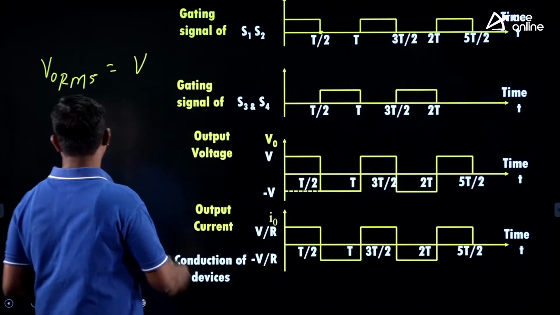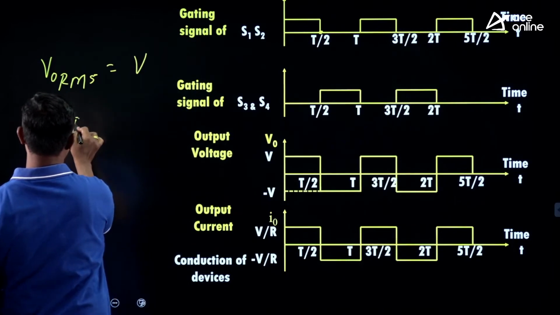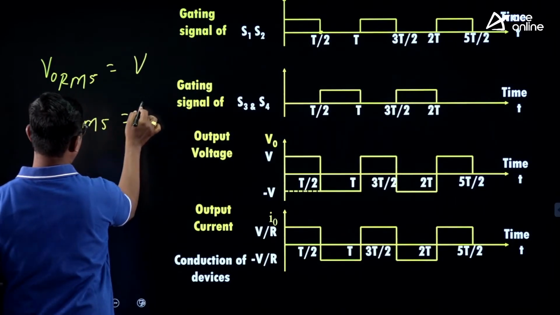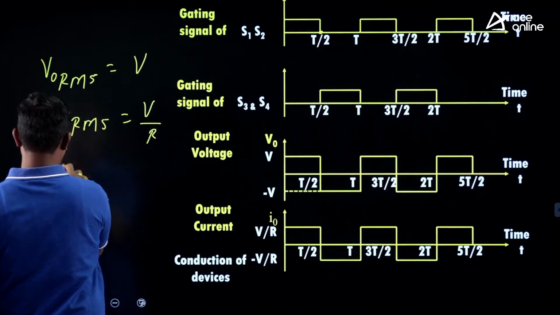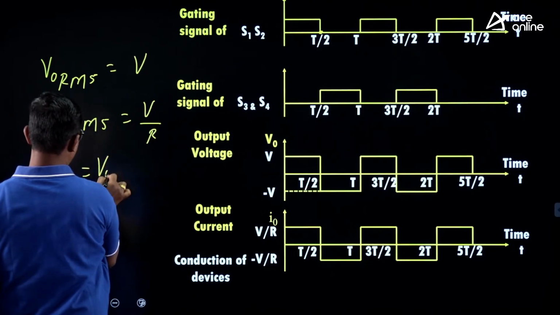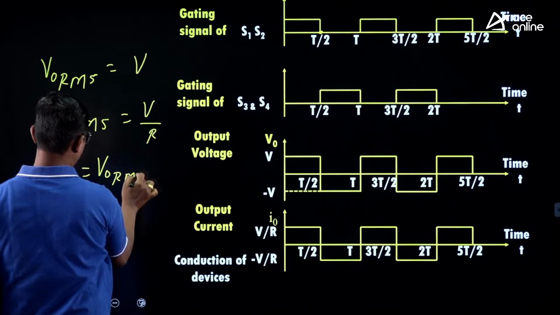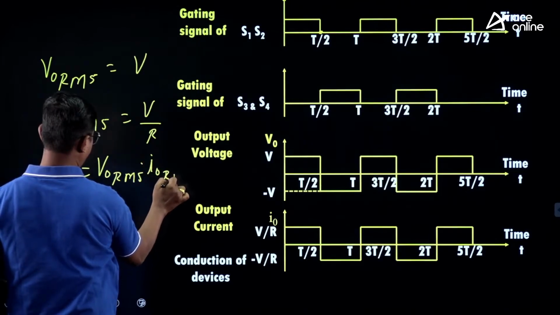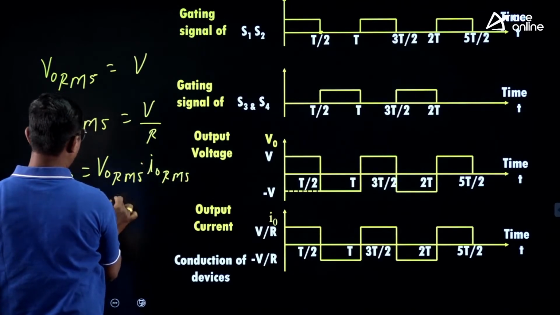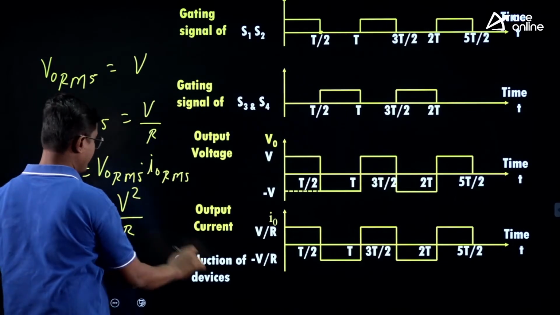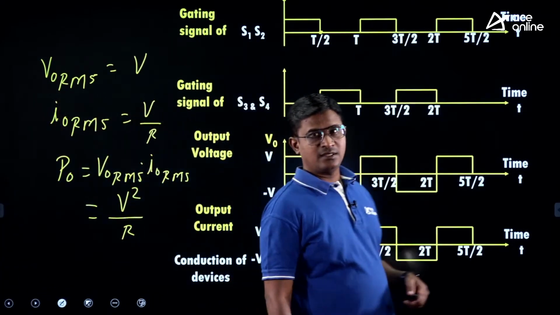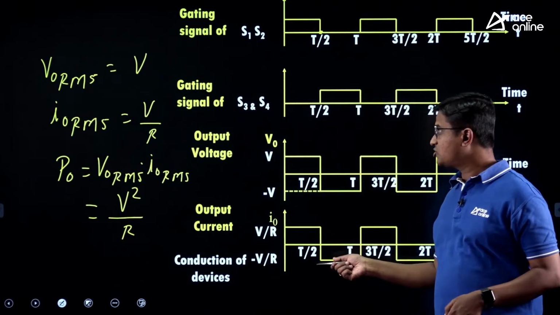So I0 RMS is V by R, and what is the load power? V0 RMS into I0 RMS, which is equal to V square by R. Next, again for resistive load there is no operation of diodes.